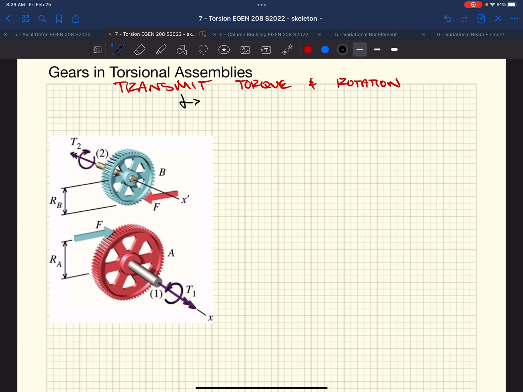And we're not going to look at constant velocity transmissions and things like that, right? Gears transmit torque and rotation based on a fixed gear ratio. So to start, we're just going to look at two shafts with two gears, essentially two free body diagrams.